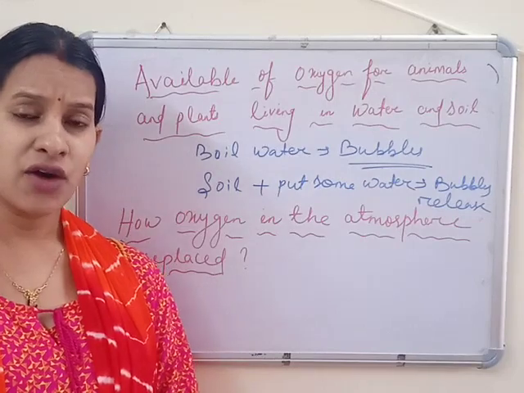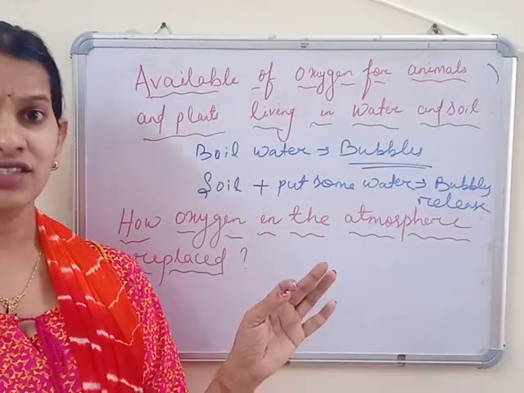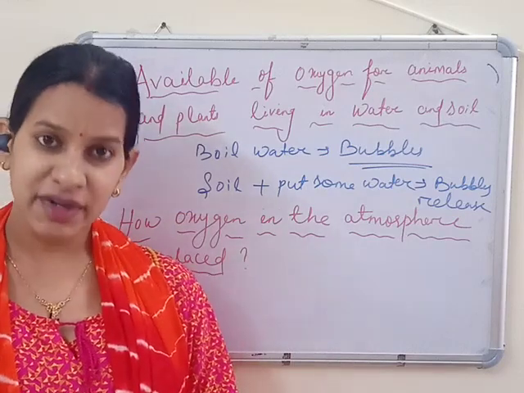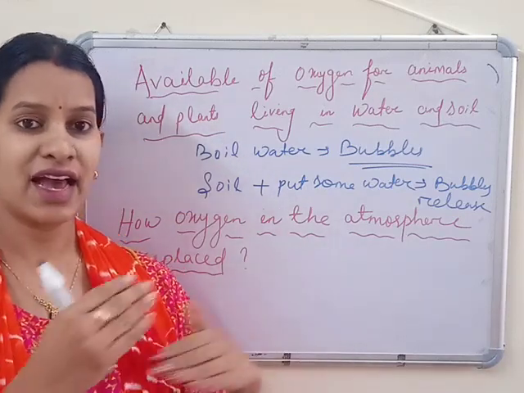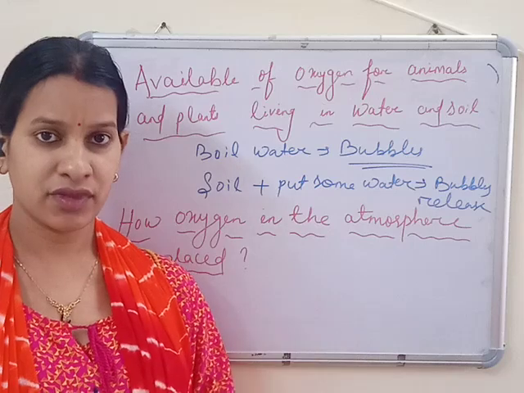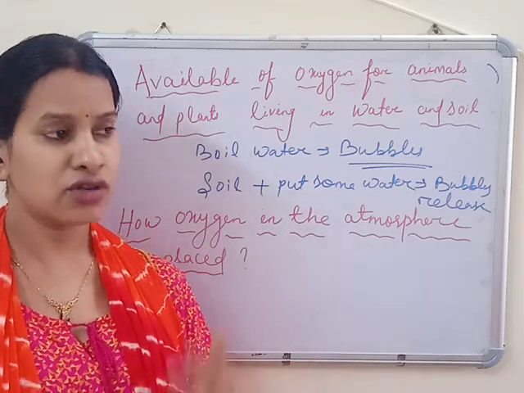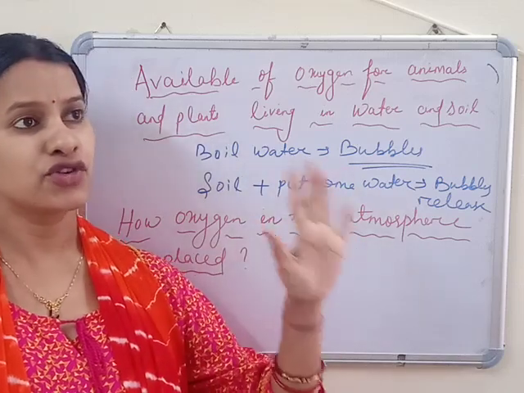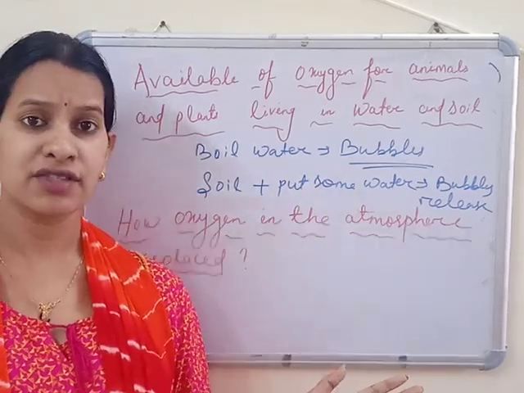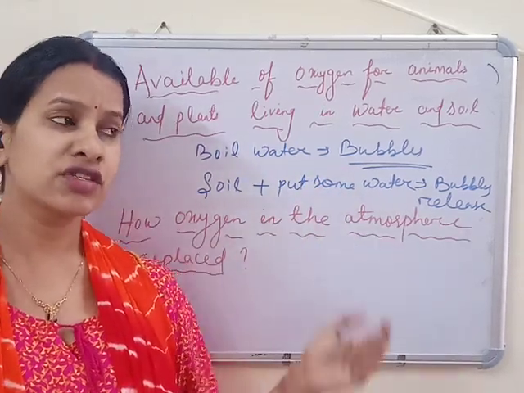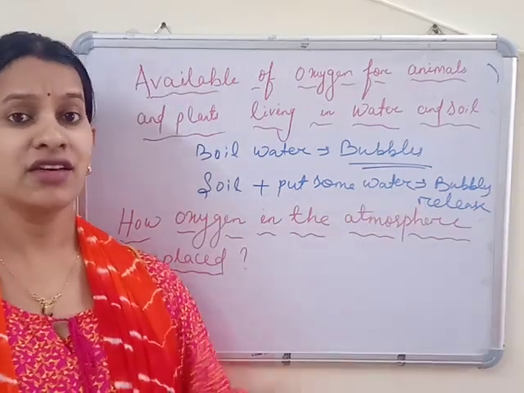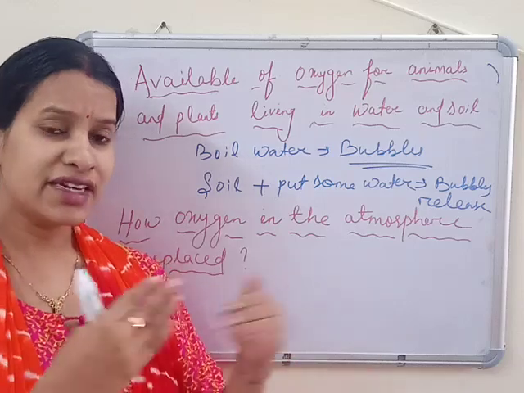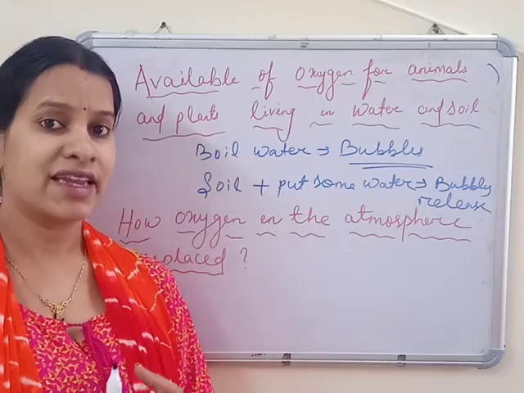So how is this constancy of oxygen maintained? It is maintained by the relationship between plants and animals. Not only oxygen, but also carbon dioxide: you will always find 0.03 to 0.04% carbon dioxide and 21% oxygen constant in the air. So how is it done? It is done by the interrelationship between plants and animals.